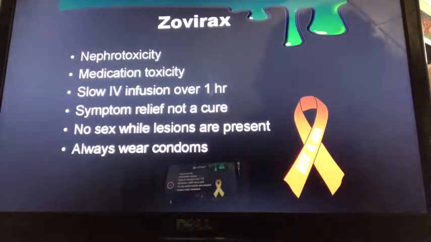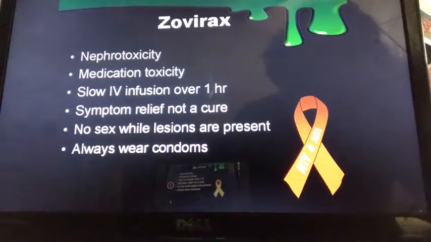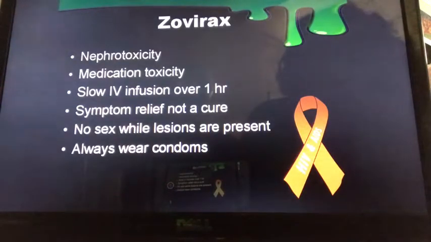So here we are at Zovirax finally. Zovirax can actually treat cold sores, shingles, chickenpox, and genital herpes, in addition to being given for HIV and AIDS. However, we can have a medication toxicity with this medication, and it can also cause nephrotoxicity. If given IV, we're going to infuse over 1 hour. This is a symptom relief medication.